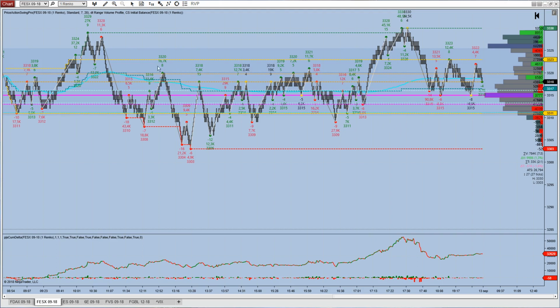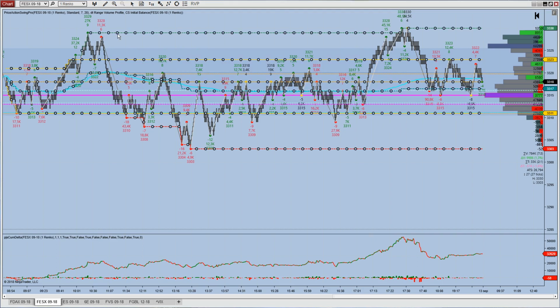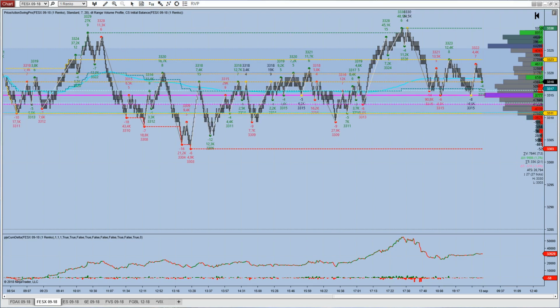So let's get started. The lines that I just selected is basically my indicator. The yellow line is the initial balance, which stops after 2 hours in this case, as I'm using the pre-market included in the initial balance for the European products like DAX and Euro Stoxx.